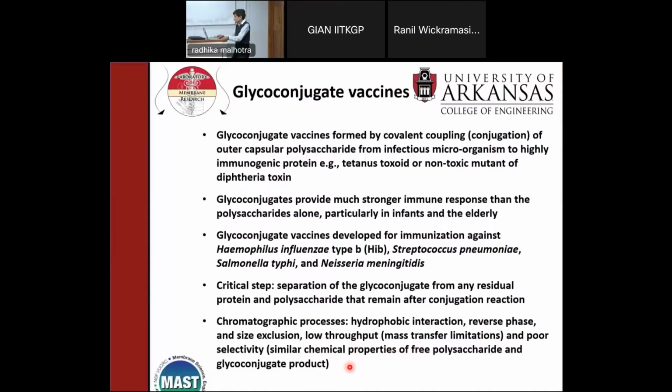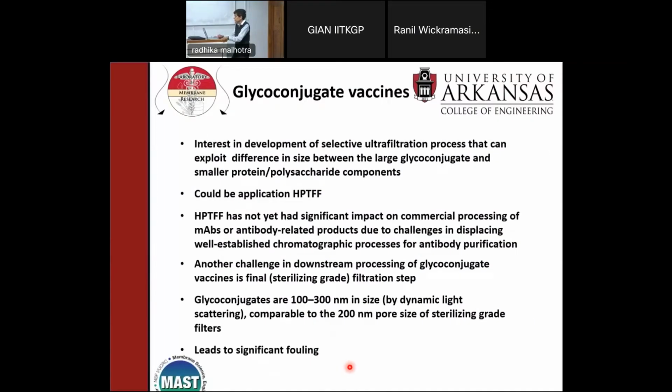So this is a very difficult separation, okay? There's interest in development of selective ultrafiltration processes that can exploit differences in size between the large glycoconjugate and the small protein and polysaccharide components, okay? So this again gets back to something we were discussing earlier.